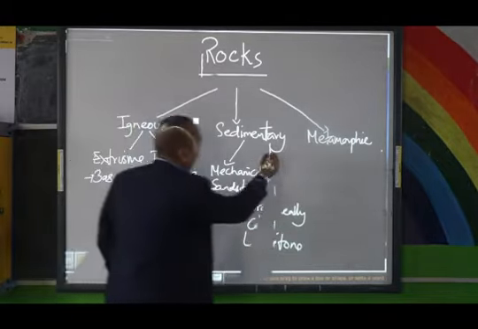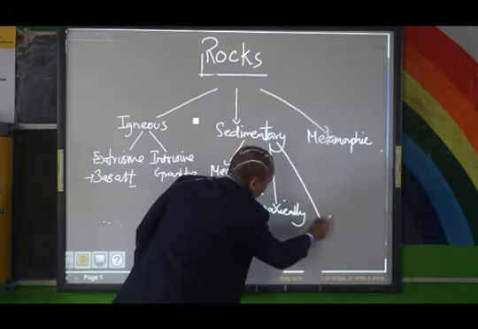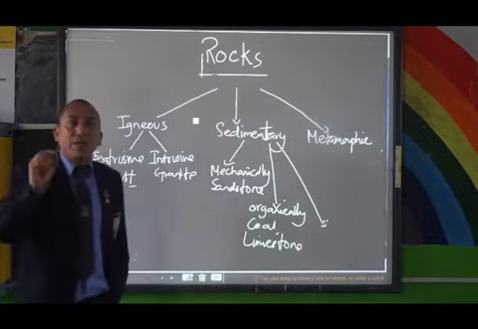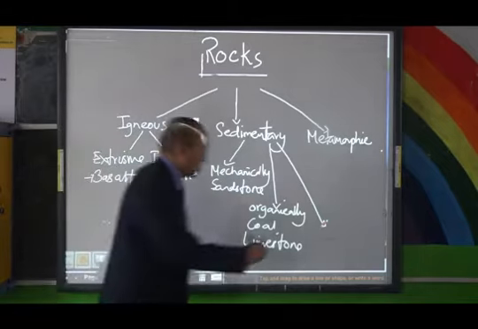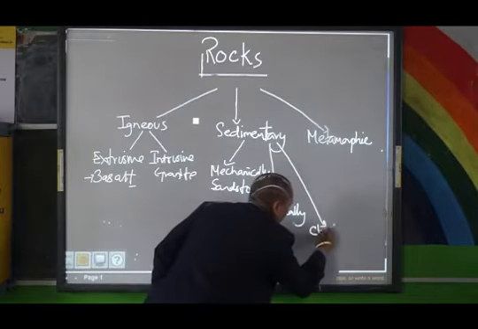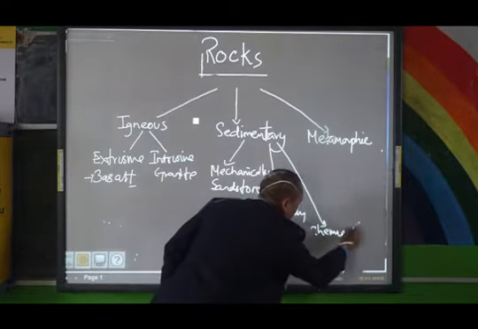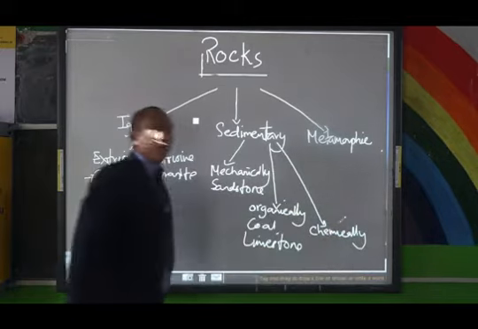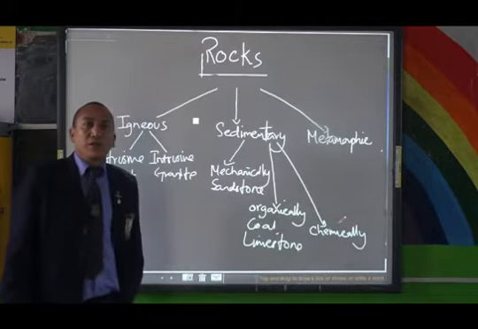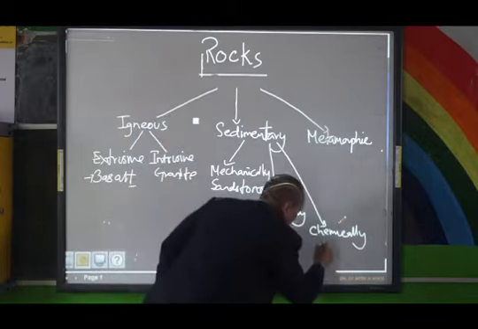And then we have the third type of sedimentary rock, which is called the chemically formed sedimentary rocks. Example we have is marble and slate.